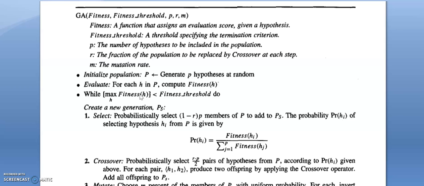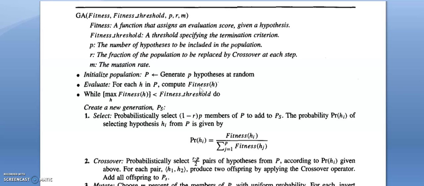Okay. Now the first step is to initialize the population. So how will we initialize the population? First we will select P random hypotheses from the set of possible hypotheses for the given problem, and we will initialize those P hypotheses to our population P. Now for each hypothesis present in the population, we need to compute the value of the fitness function.